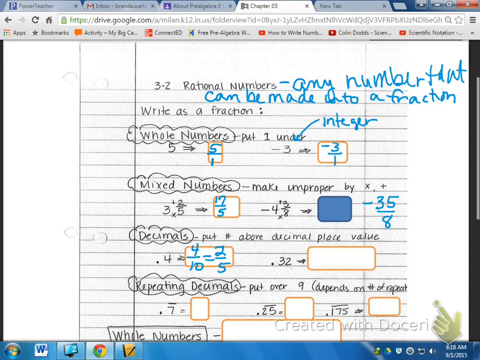Okay, what about the 0.32? How do you read that without saying the word point? What place value is that? Stephen? 32 hundredths. So that's where you would begin. And Stephen, does that reduce, do you think?